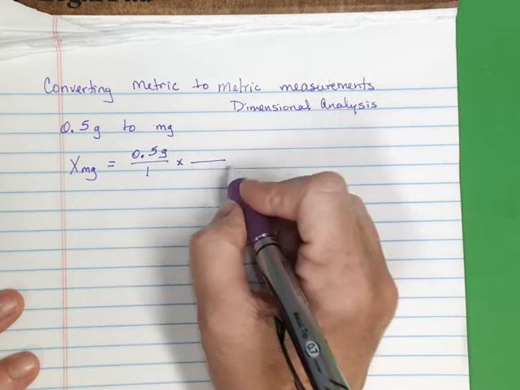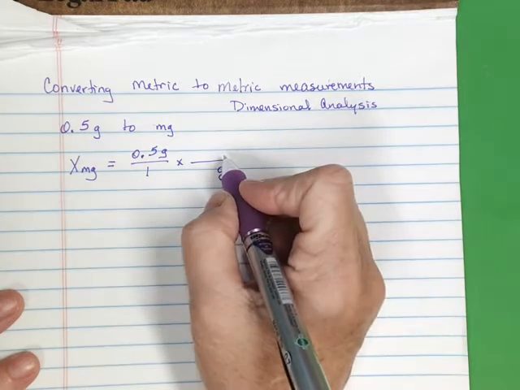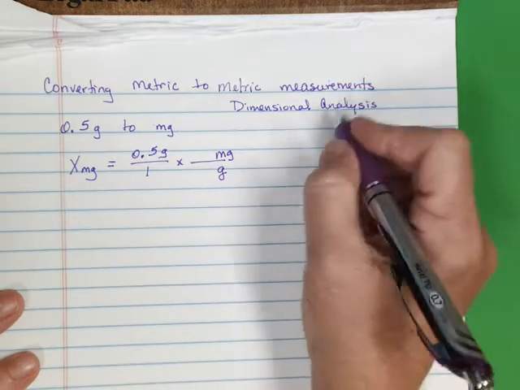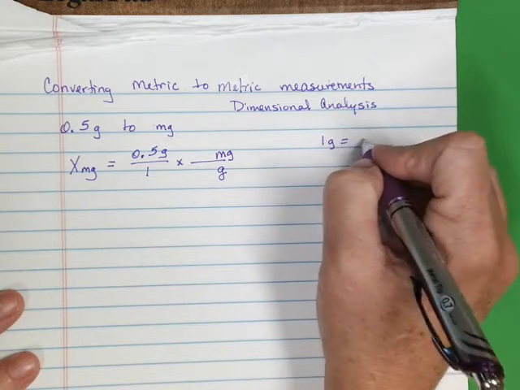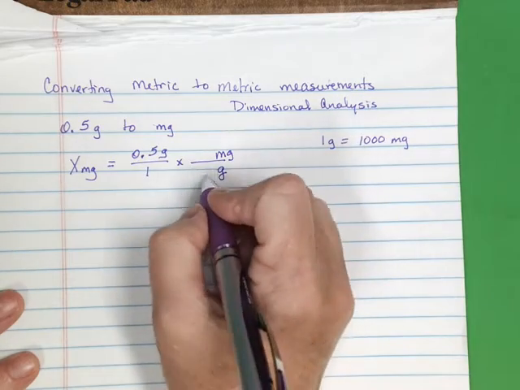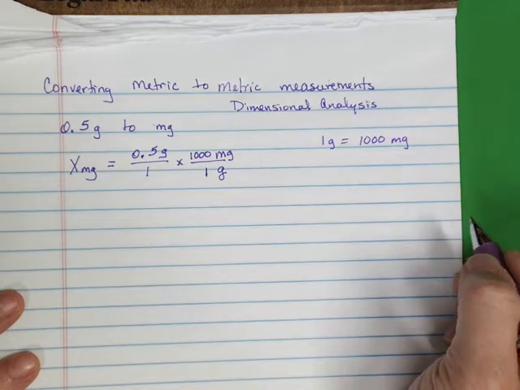If I've got grams on top, grams has to go on bottom, and then wherever I'm converting to. I know 1 gram equals 1,000 milligrams. So I'm going to put that in here, the 1 gram to the 1,000 milligrams.